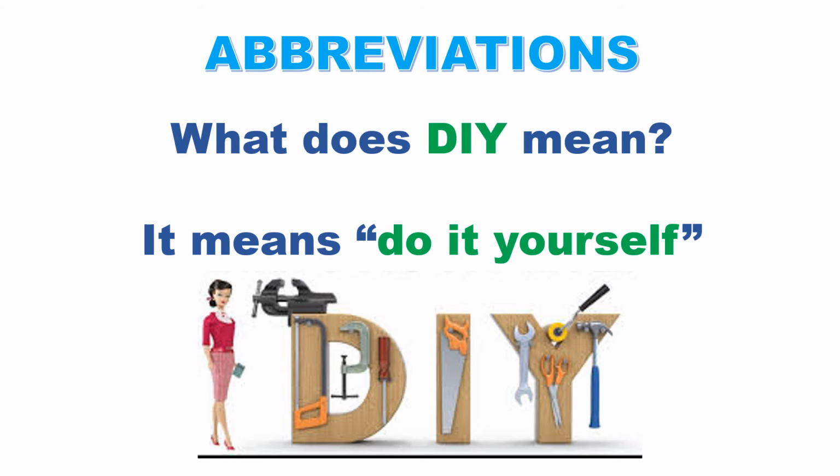You can buy some objects that you must work to put together, and you can do that yourself, and that's a DIY. There are DIY shops. Lots of interesting, fun things are done by ourselves at home, and we call that DIY. Okay, do it yourself. When you do it, you do all the work yourself.